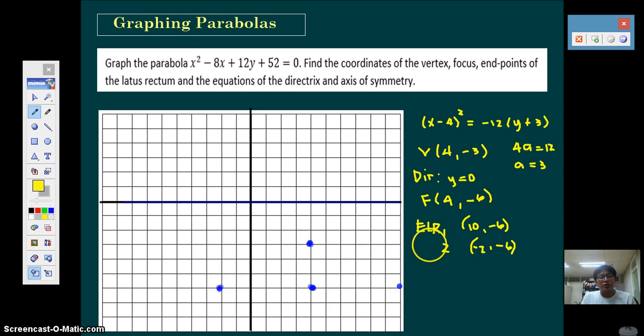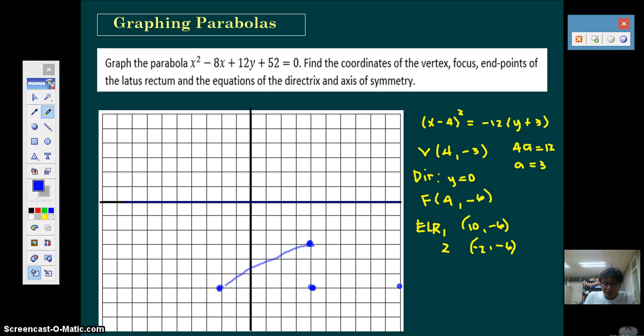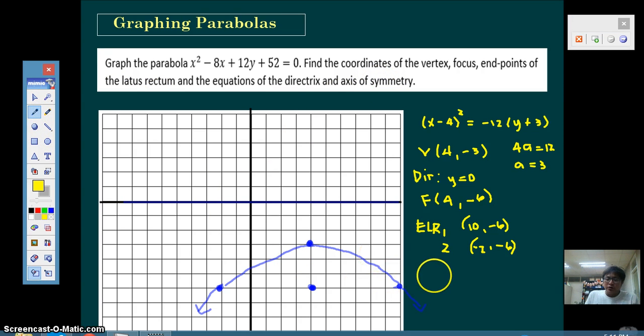So all you need to do again is to connect the parabola using a smooth curve. Just connect it with a smooth curve just like that. There, that's the parabola. Now the axis of symmetry, the last thing that we need to get.